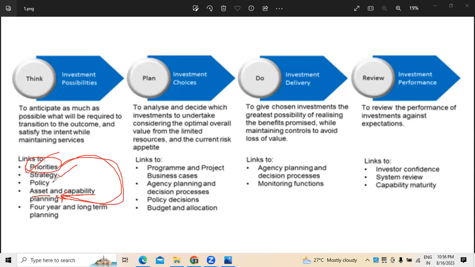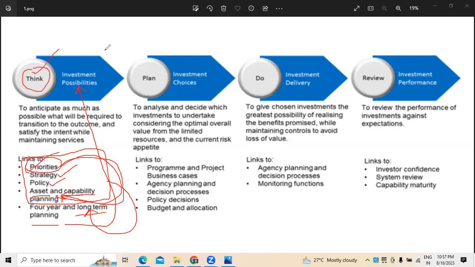For that, a discipline is needed, which we normally call policy. All these things you need to plan for the long-term commitment, not the short-term commitment. That's why long-term planning is essentially required. All these points come under the thinking part, which will be a part of investment possibilities.